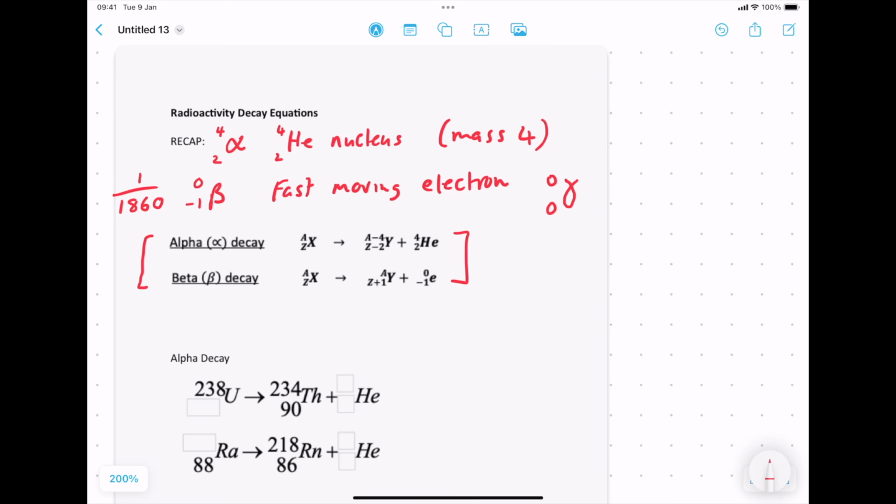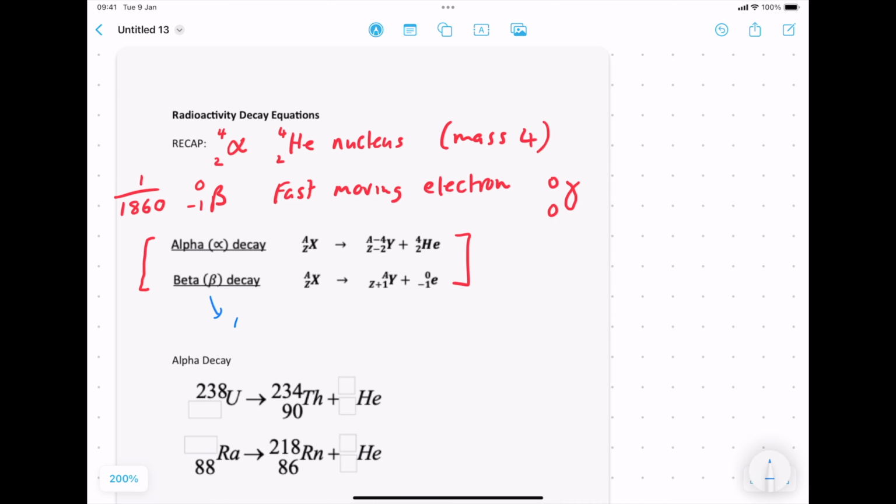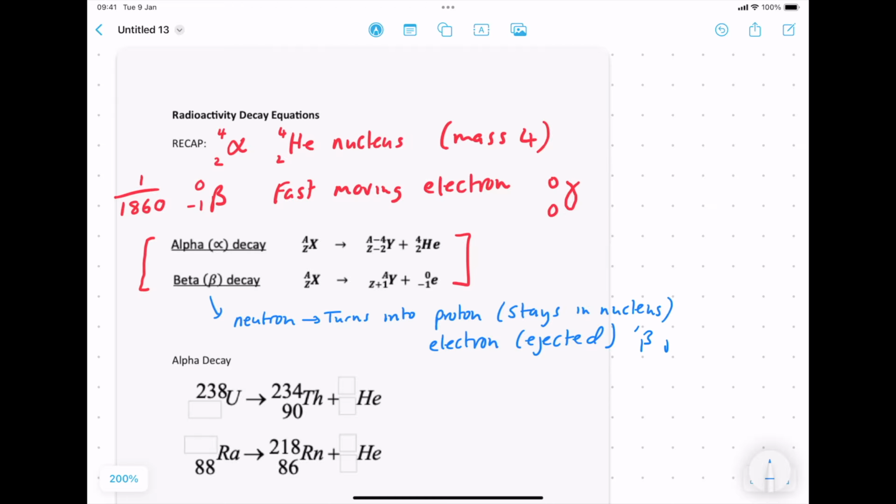So the only thing to remember is with a beta particle, the way that it's formed, so if I just highlight this using a different color, the way that a beta particle is formed is that a neutron in the nucleus basically turns into a proton, which then stays in the nucleus, and then also an electron is produced, and that is ejected, in other words, kicked out. And when it's ejected, this fast moving electron, that's what we refer to as a beta particle.